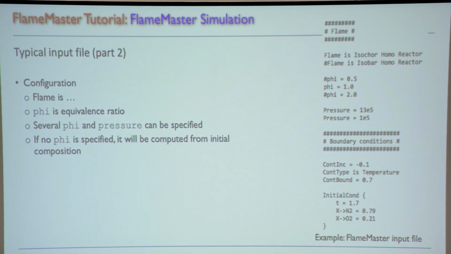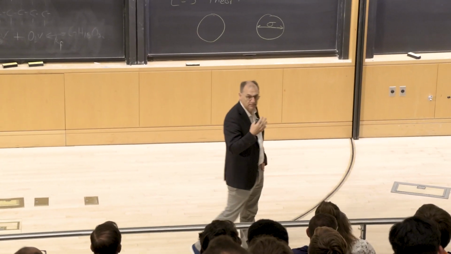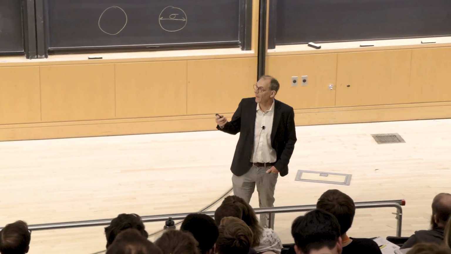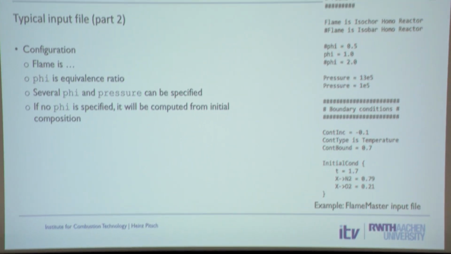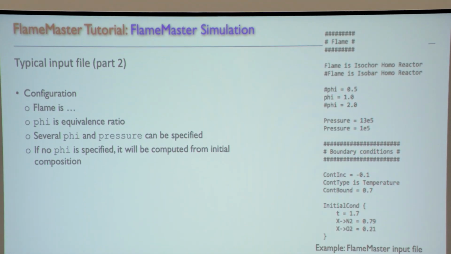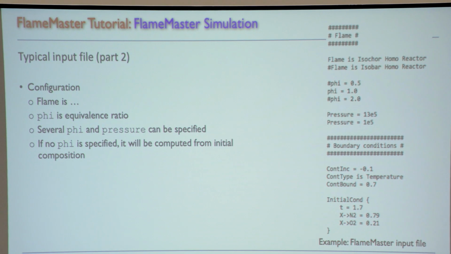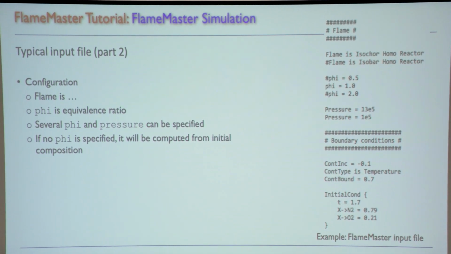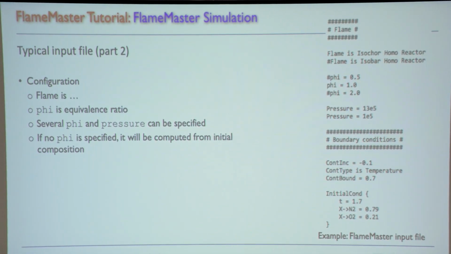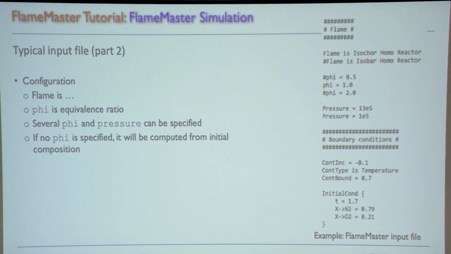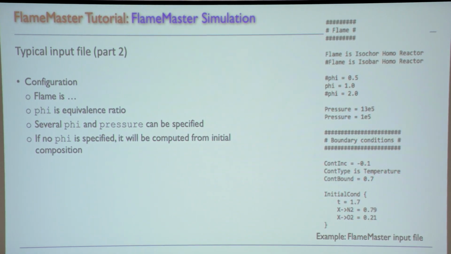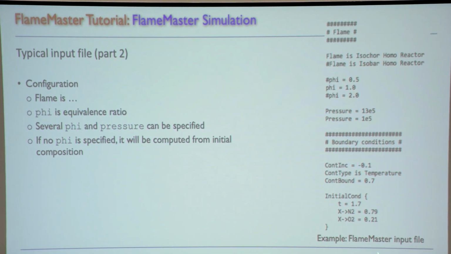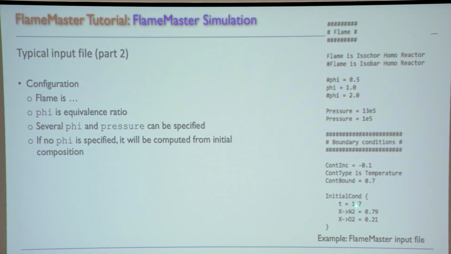If I said T is equal to 1,000, then it would be 1,000 Kelvin, right? That's obvious. But if the temperature value is less than 10, it means it's 1,000 over the temperature. That's useful sometimes for these homogeneous reactor calculations where we want to be equidistant in 1 over temperature and not in temperature itself. So it makes nicer plots.